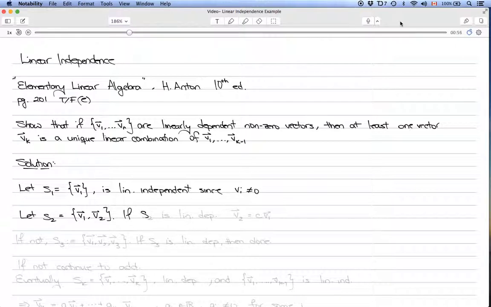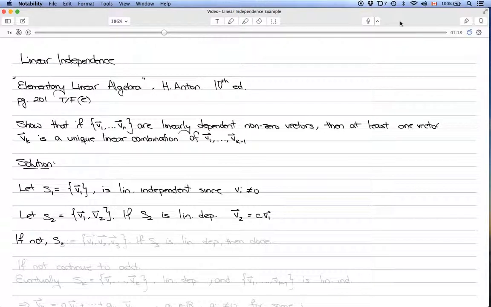If S2 is linearly dependent, then we're done, because then V2 is equal to some constant times V1, so we've written one vector as a linear combination of the previous ones. If not, then we continue adding to the set.